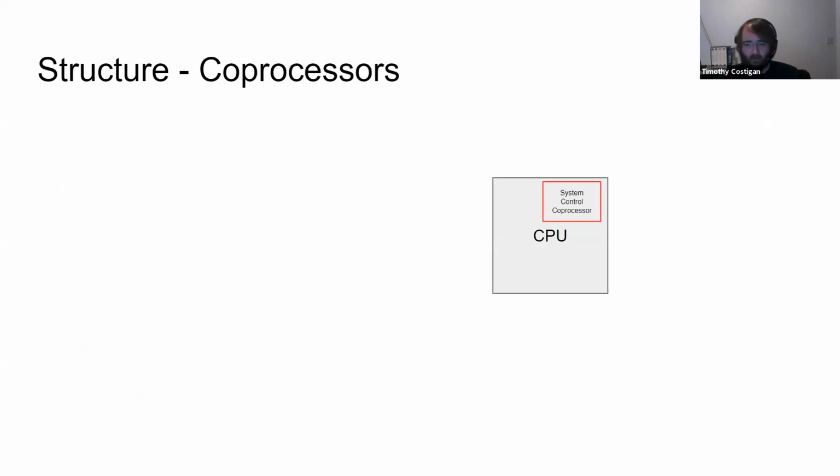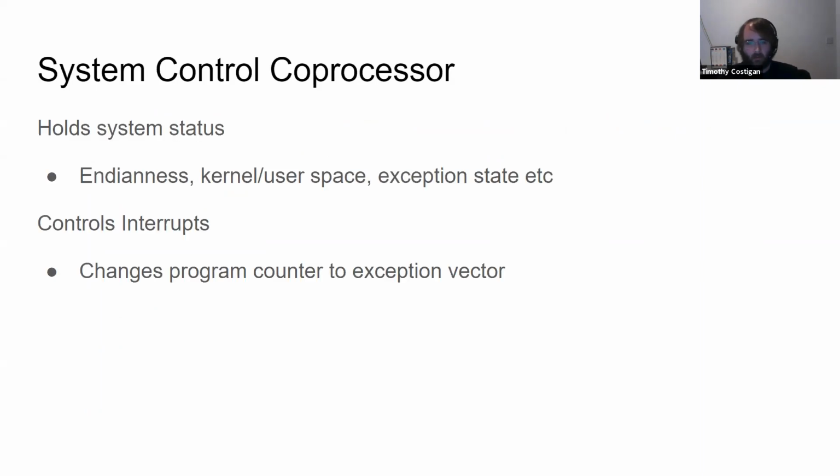I presume it was a late design addition to the CPU. And this just held hardware registers that stored the state of the system, what endianness was being used, what memory space was being used, if it was in an exception, what caused it, and more importantly, it controlled interrupts.